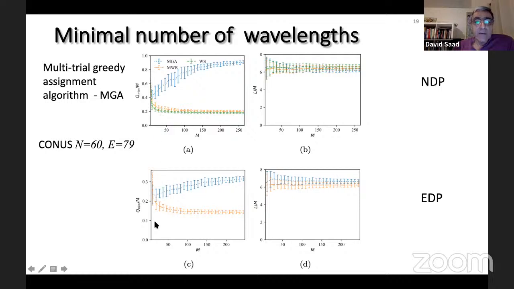The same thing is for edge disjoint, and all of this was done for the CONUS network of 16 nodes and 79 edges. The one thing that at first glance would look disappointing is the overall average length of the communications. It is not disappointing really, because for simplicity, we did not assign weights to each one of the edges.